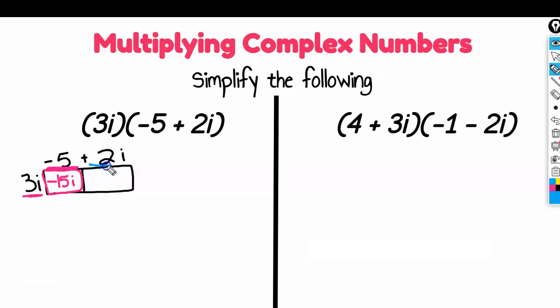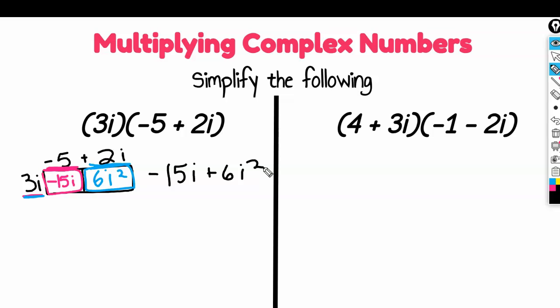In the next space, I've got 2i times 3i for what goes in here. 2 times 3 gives me 6. i times i gives me i squared. So now that I have all the terms inside the box, I'm going to rewrite them outside of the box. So I've got negative 15i plus 6i squared.